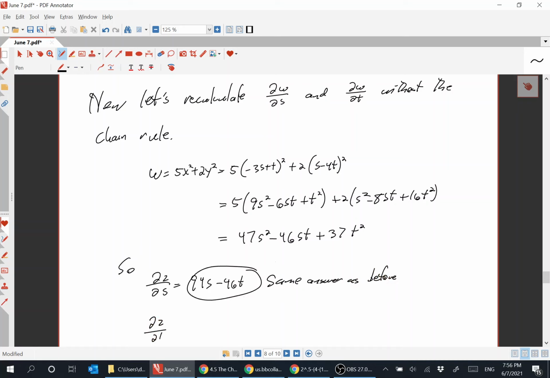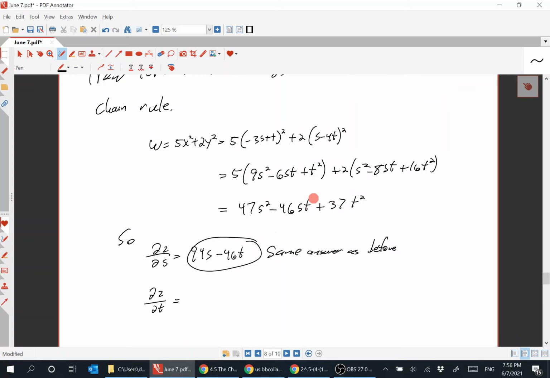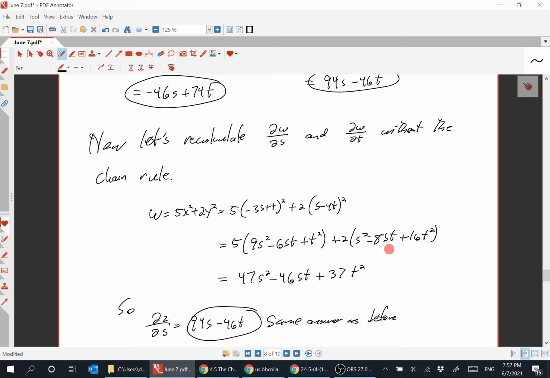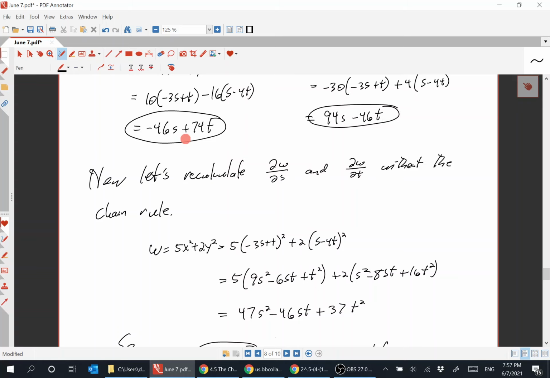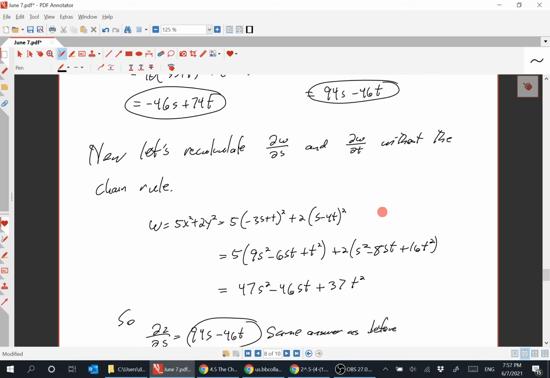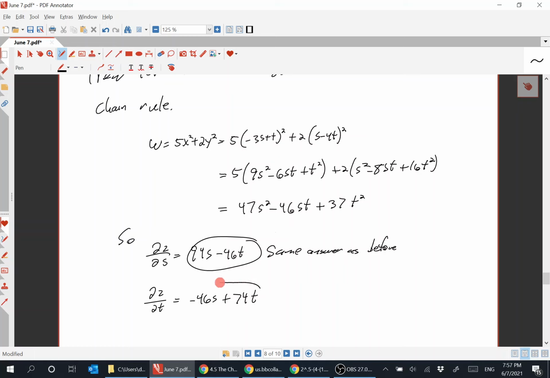And then partial w with respect to t is minus 46s plus 74t. Same answer as before. Now, this second method is definitely harder to do. The chain rule totally saves you some time in doing this calculation.